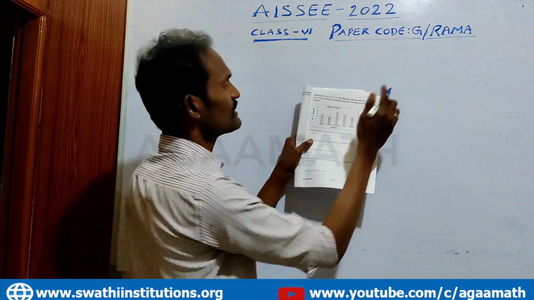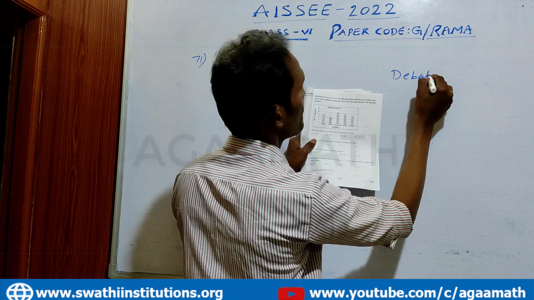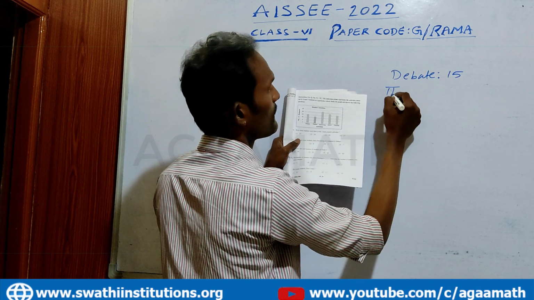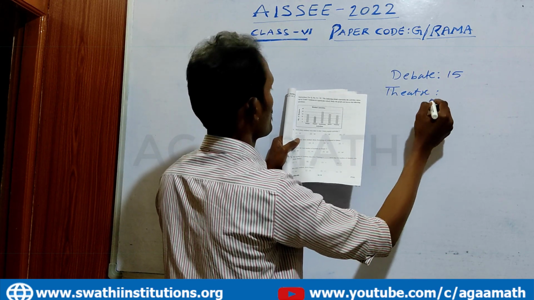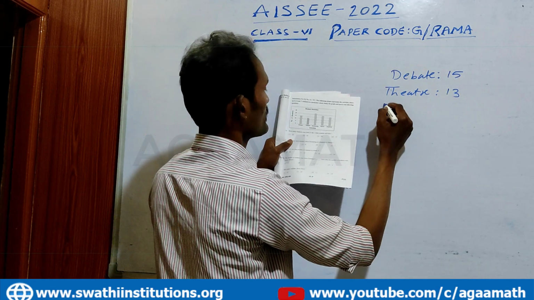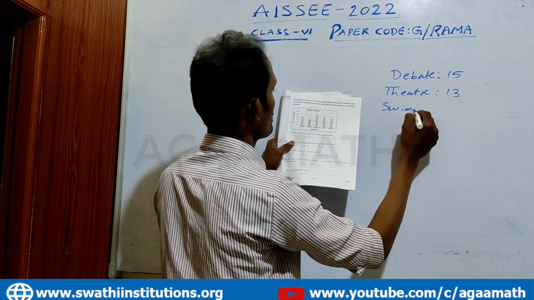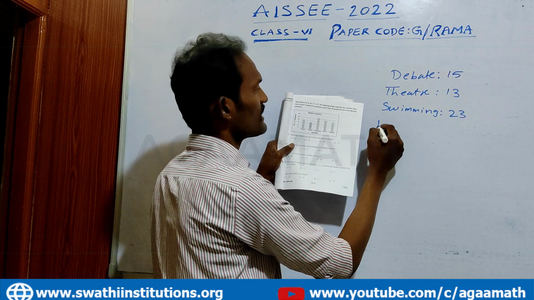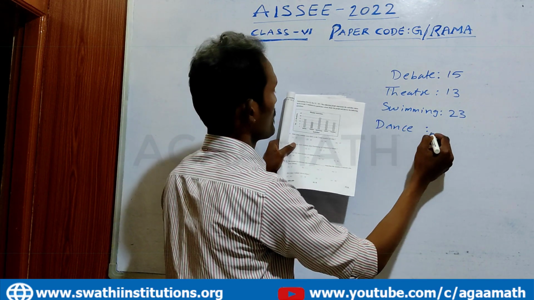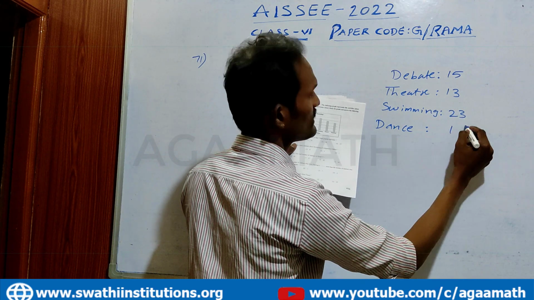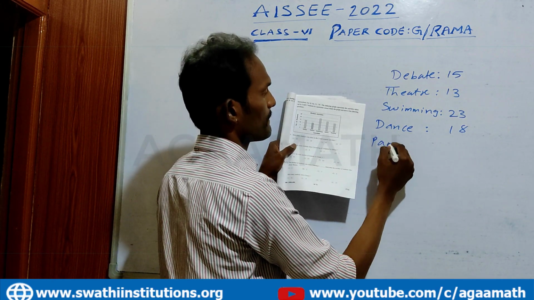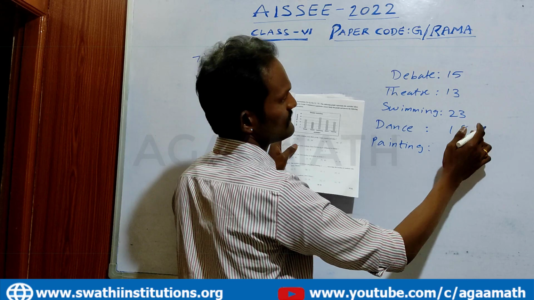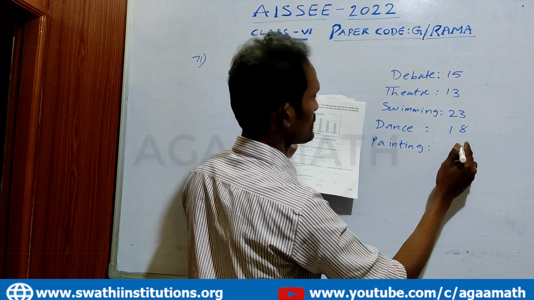According to this graph, debate is about 15 students, theatre about 13 students, swimming about 23 students, dance about 18 students, and painting about 16.